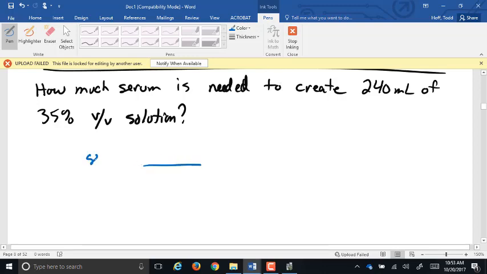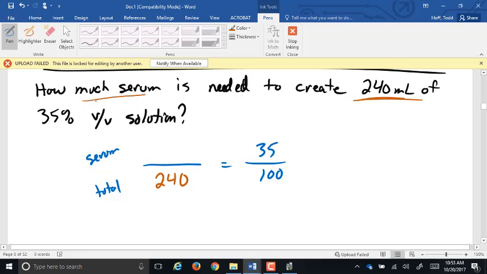So volume in volume is going to be serum to total. 35% is 35 out of 100. The 240, what does that represent? Total. We are looking for the amount of serum, so that missing number is what we're looking for. So we do 240 times 35 divided by 100, which gives us 84 milliliters.